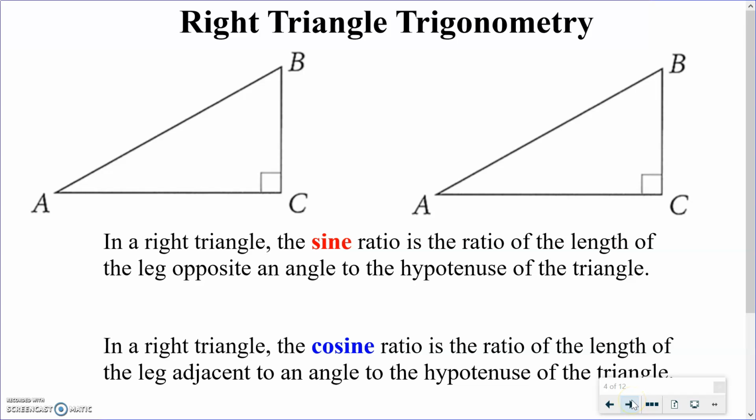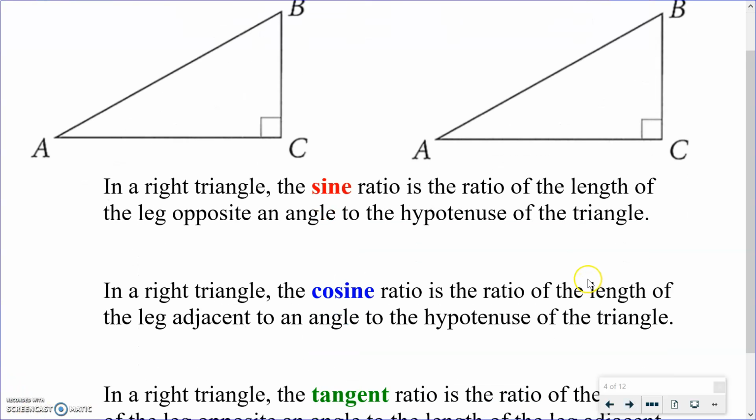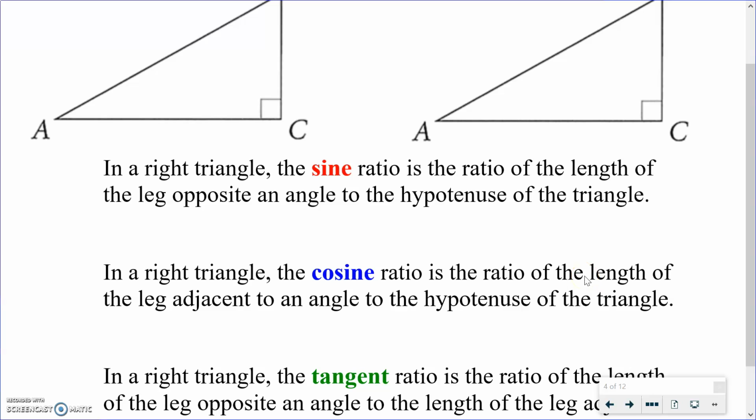So if you remember from yesterday, we talked about the three different ratios. So we're just going to review what those ratios are. If we're looking at angle A of this triangle, we're going to call this the adjacent side. This side the opposite.